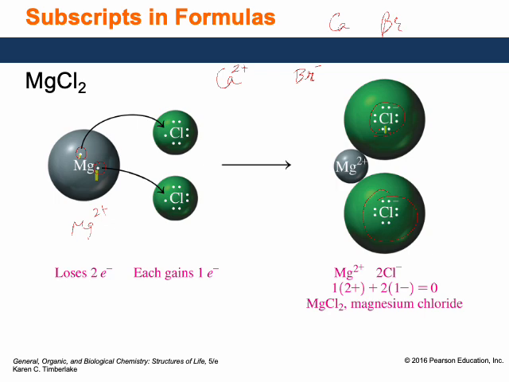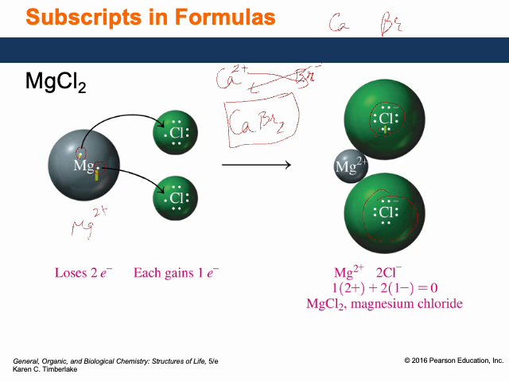Bromine would be -1. Why? Because it belongs to group 7. Now crossing over the charges would give you a formula of calcium 1 and Br 2. To neutralize the charge of each calcium ion, we need 2 bromide ions, and that would be our final chemical formula.